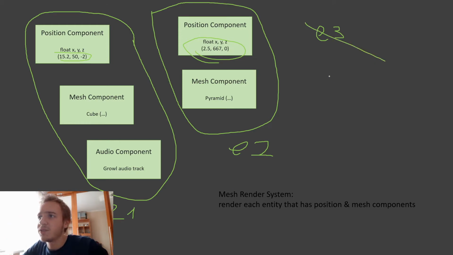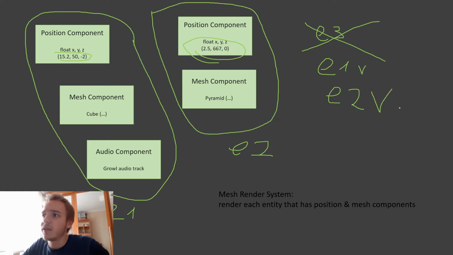The mesh render system is not gonna take it because it has a position component, but it doesn't have a mesh component. However, the mesh render system is gonna look at entity 1, which has a mesh component and a position component, and it's gonna render a mesh at a position in a scene, and then it's gonna take entity 2 and also render it.